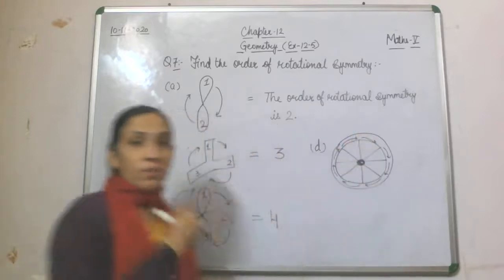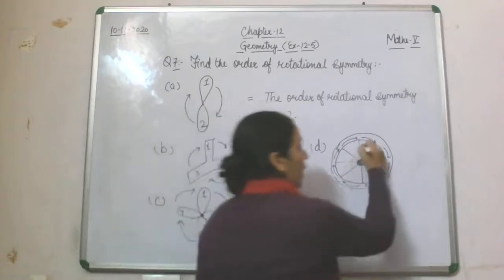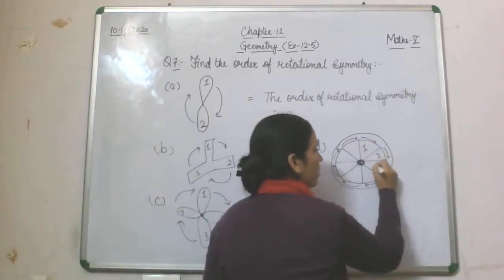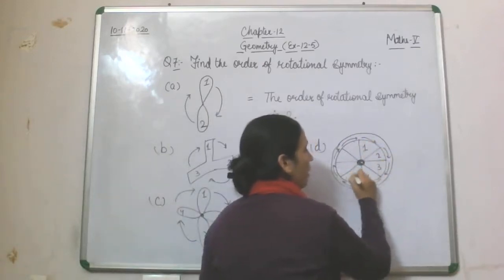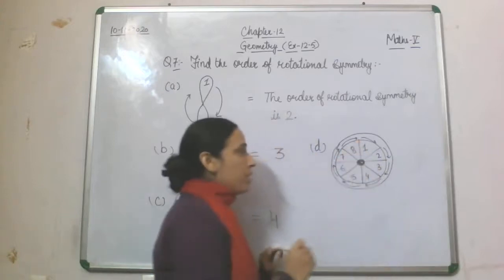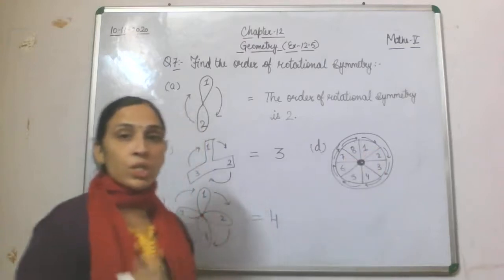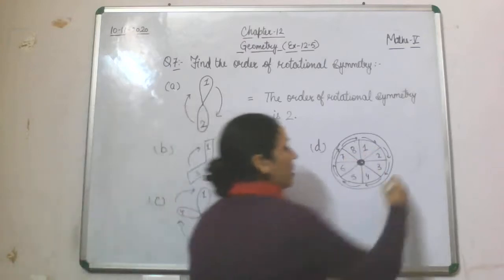Once the wheel starts moving, after moving 8 positions, only then will it come to this one place. So here the rotational symmetry will become 8.